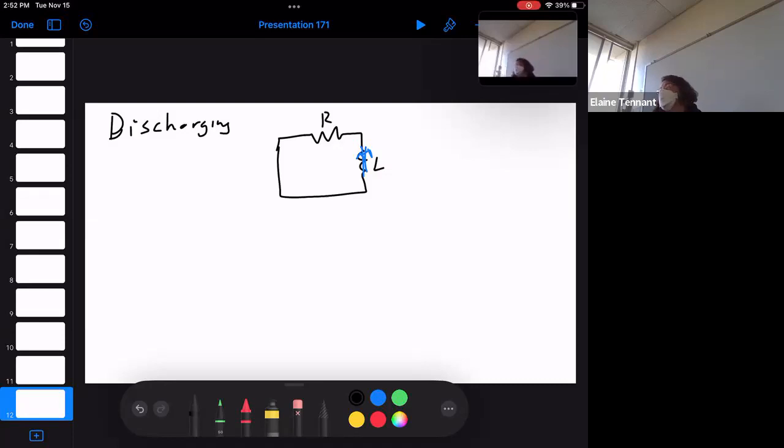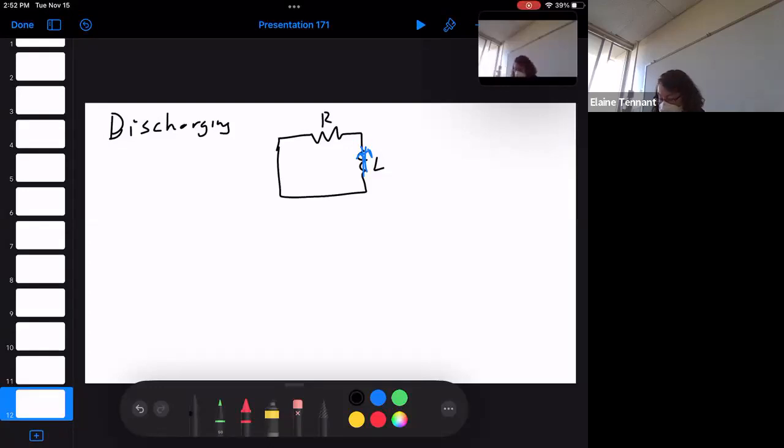What will it want to do? Will it want to keep a magnetic field as it had it, or will it be happy to have that magnetic field change? It wants to keep it because inductors do not like change, right? They want things to stay the same.